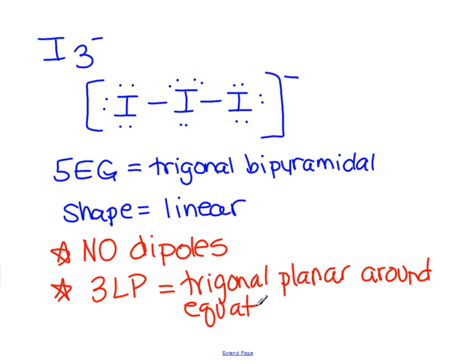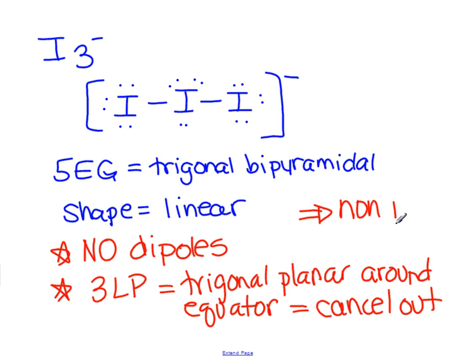And this is around the equator of your shape. So even though there are 3 lone pairs, since their trigonal planar arrangement around that equatorial plane, these ones will cancel out. So no dipoles, and those 3 lone pairs around the central plane, the equatorial plane, cancel. Since both of those criteria are met, here we're going to have a non-polar molecule.